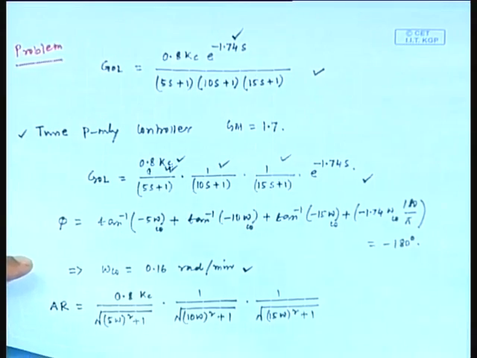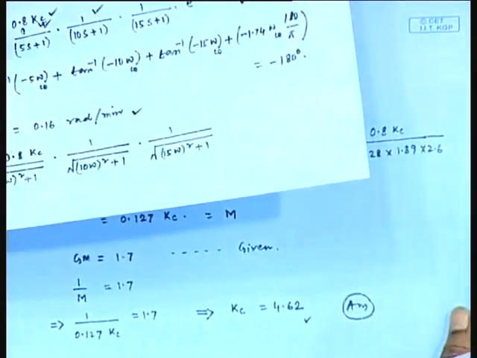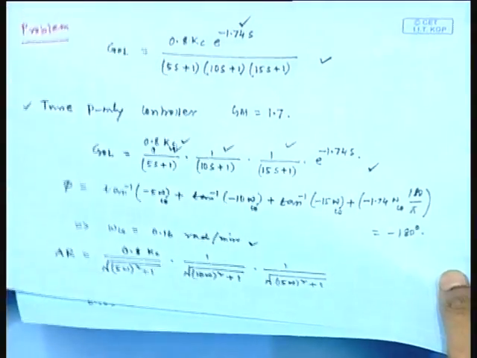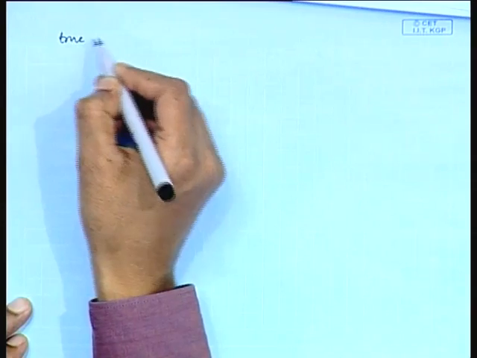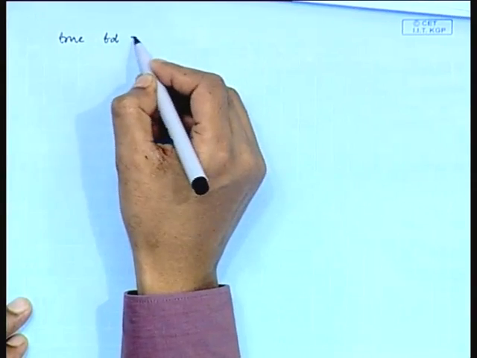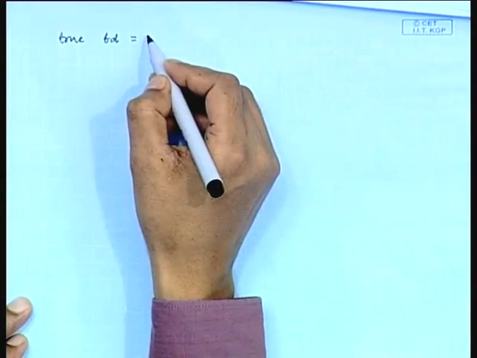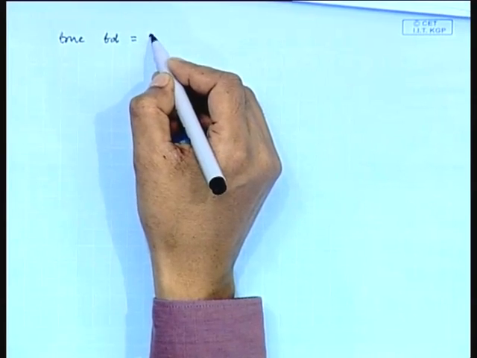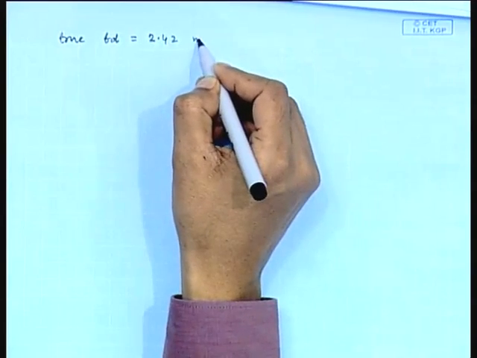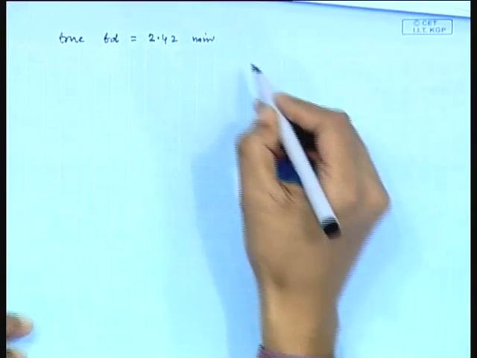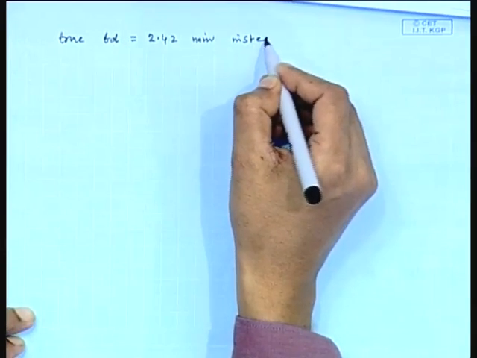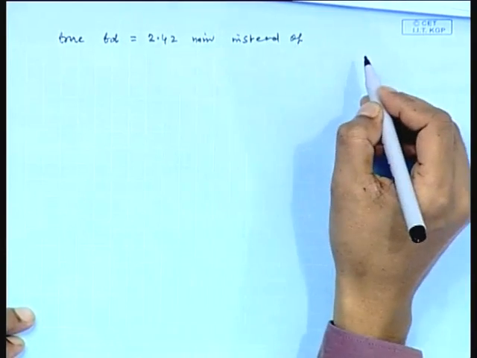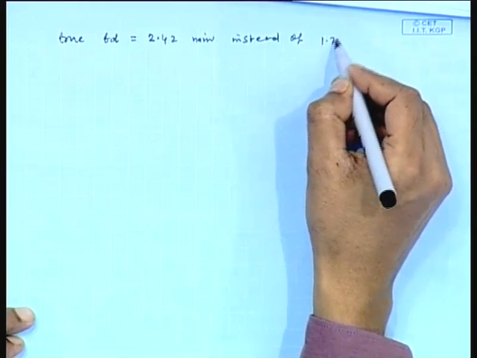Suppose that value is wrong, and the actual dead time value is, suppose, 2.42 minutes. The true value of dead time is 2.42 minutes instead of 1.74 minutes.